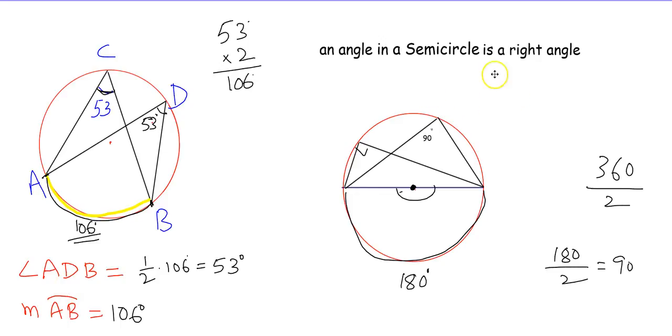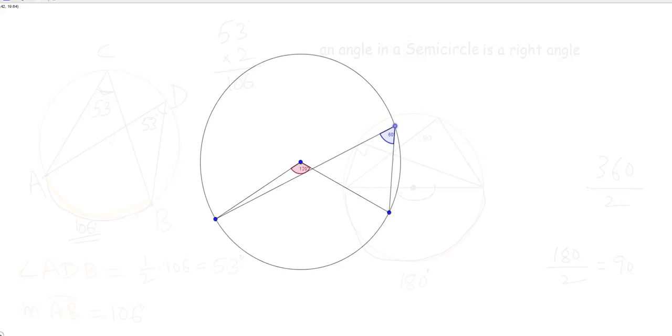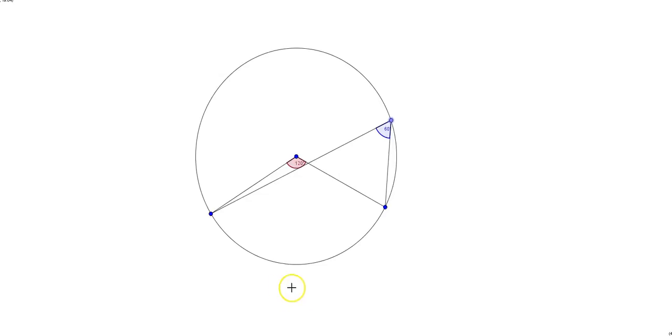So an angle in a semicircle is a right angle. That's very important.